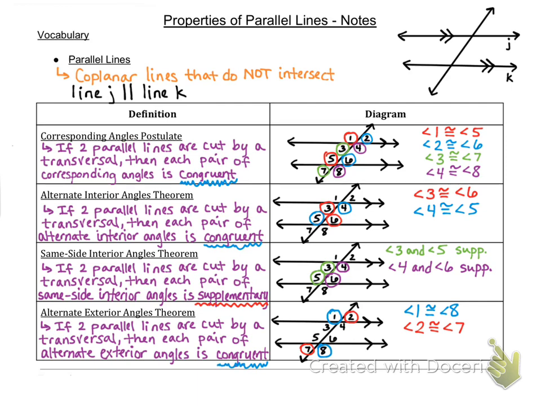The only one that is supplementary is same side interior angles. The way that I like to remember this is same side starts with S and so does supplementary. So you can think same side supplementary. The other three are going to be congruent. And I want to remind you that this only works when there are parallel lines.